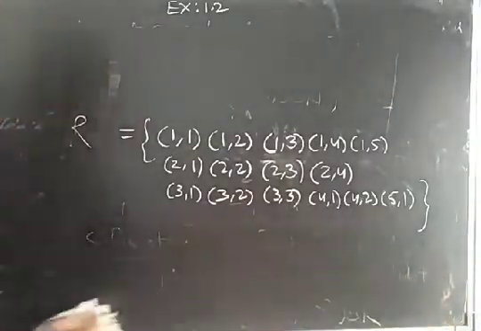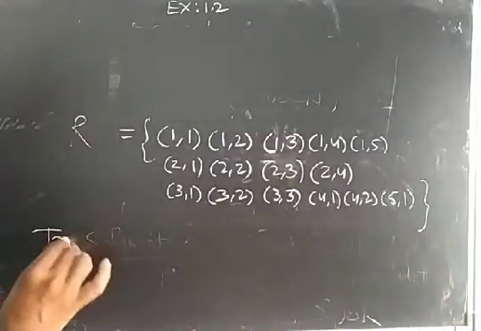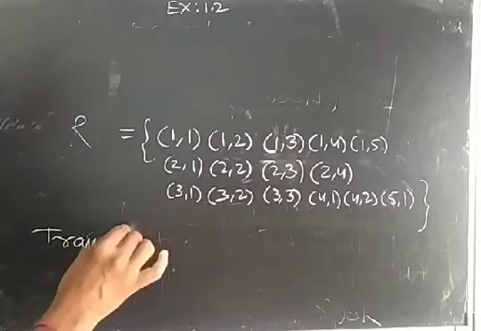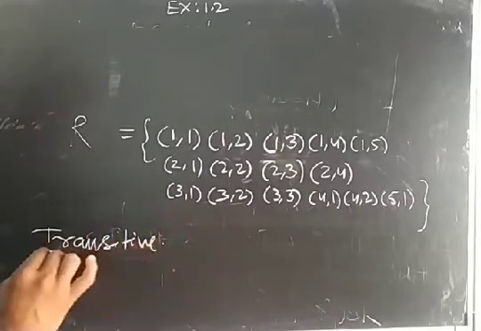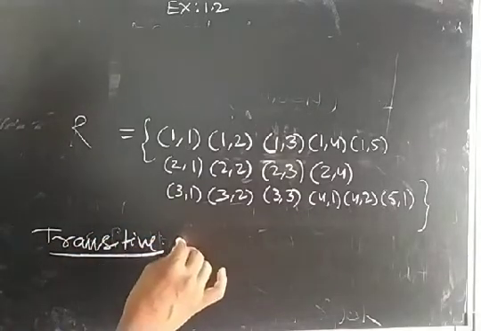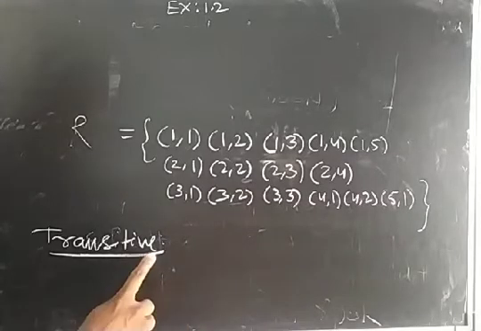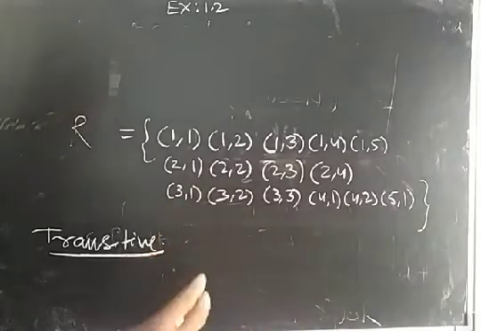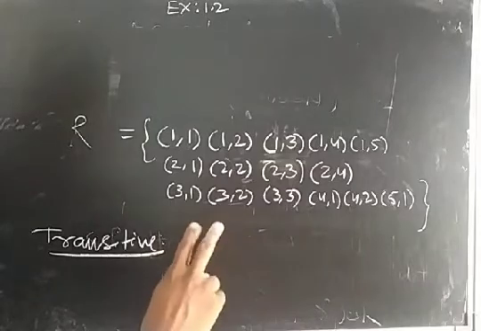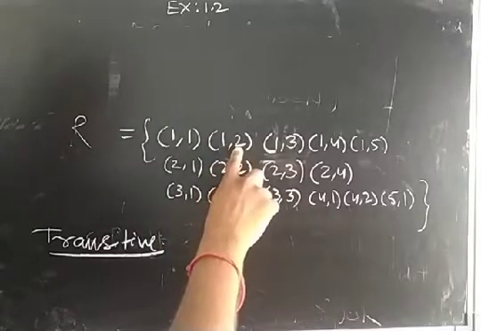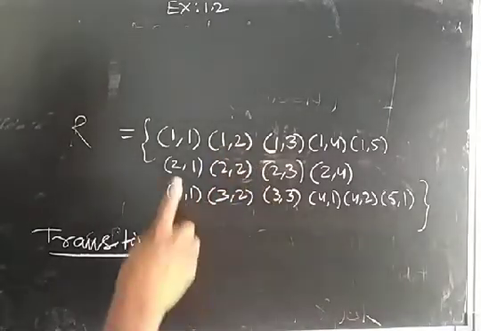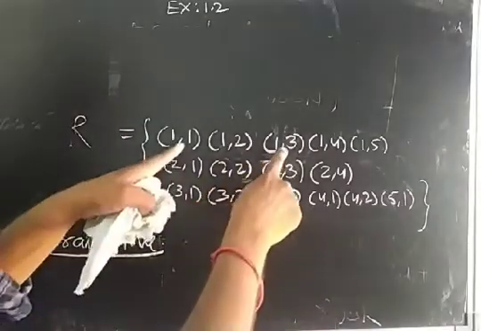Now the transitive condition. Right, what is the transitive condition? To check the transitive condition, we need two ordered pairs. How to take the two ordered pairs? In such a way that the second element of the first ordered pair and the first element of the second ordered pair are the same. Suppose 1 comma 1, 1 comma 3.